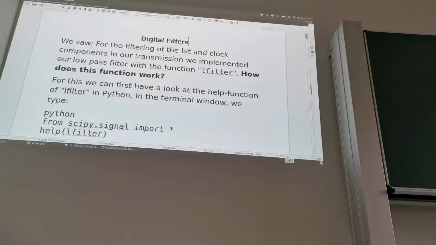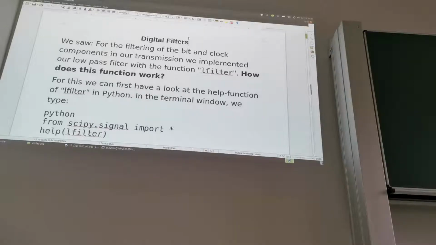So last time we finished with modulation. We saw QAM, SSB, FM, and now we want to come to digital filters, because we saw in the process of our amplitude demodulation that we need low-pass filters, right?